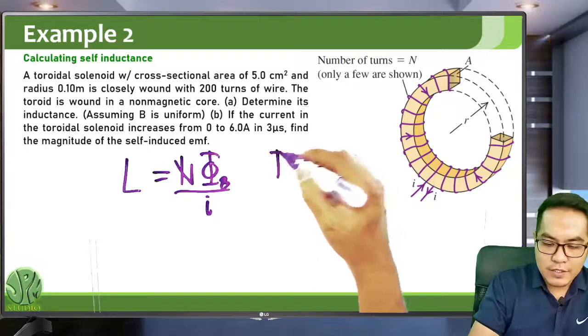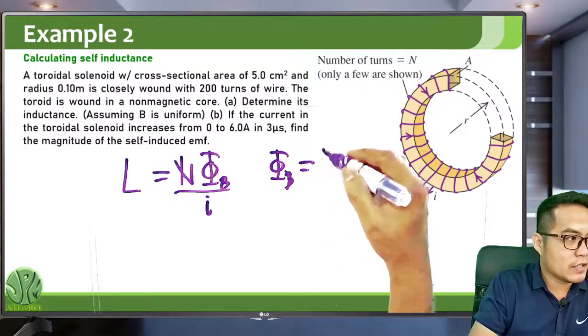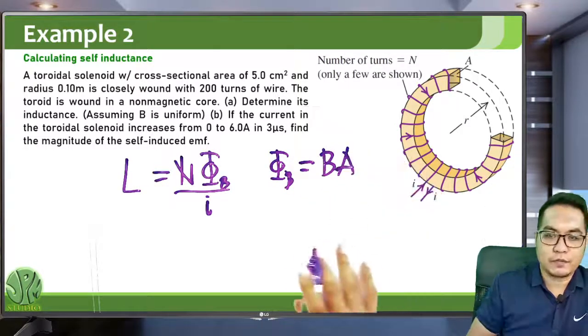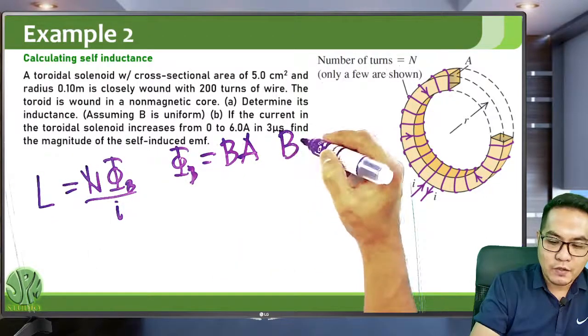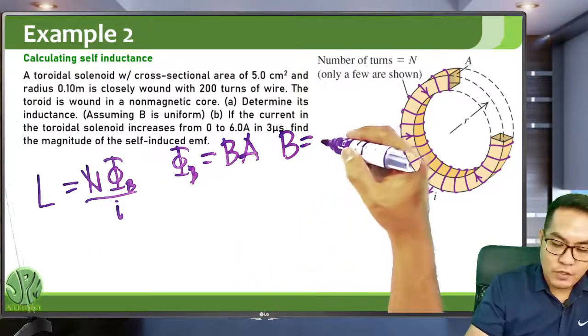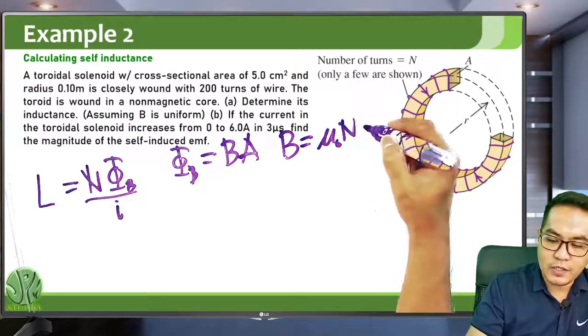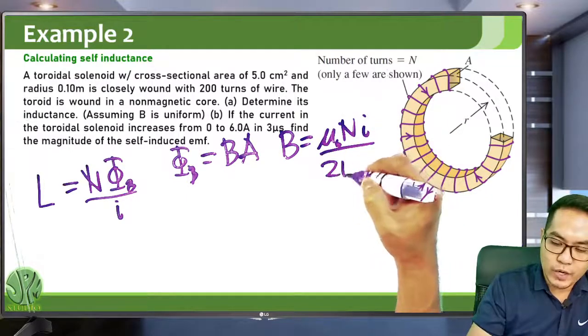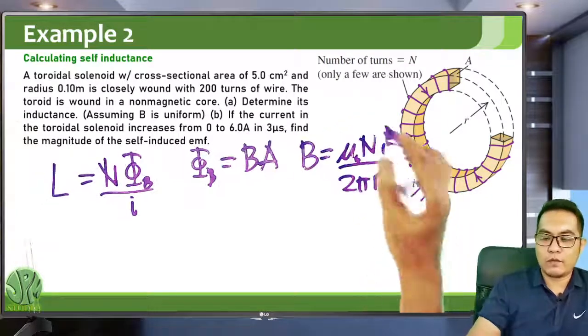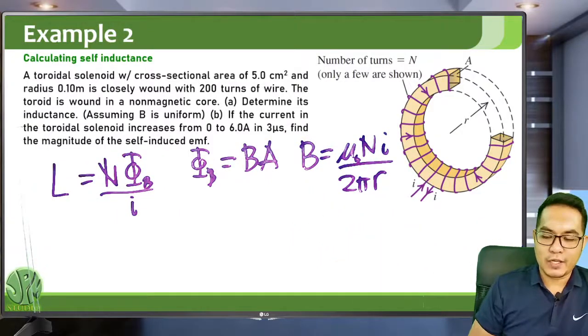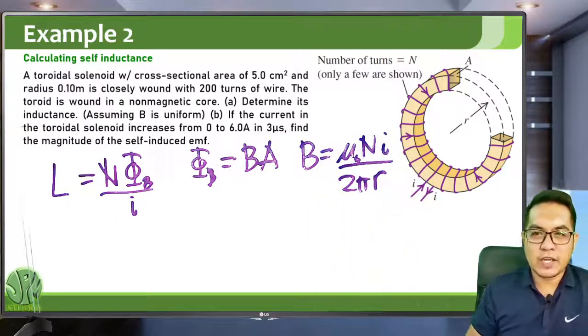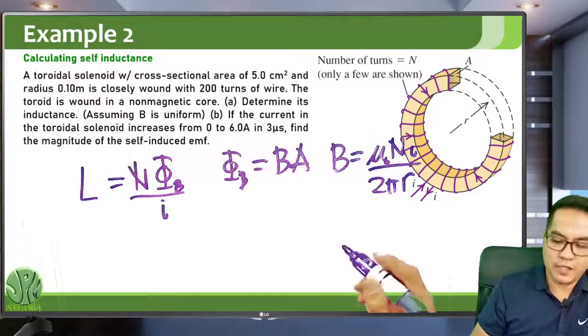So the flux in this case is just B times A, and the magnetic field of the toroidal solenoid is mu naught, the number of turns, times the current over 2 pi times the radius. So let's check this one again. You can actually obtain this using Ampere's law. Okay.